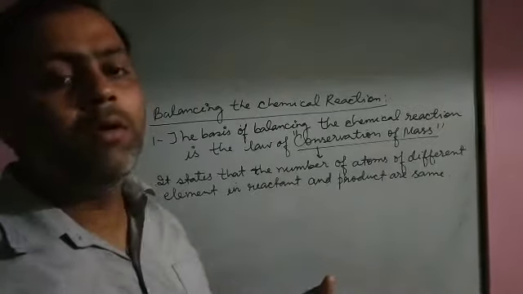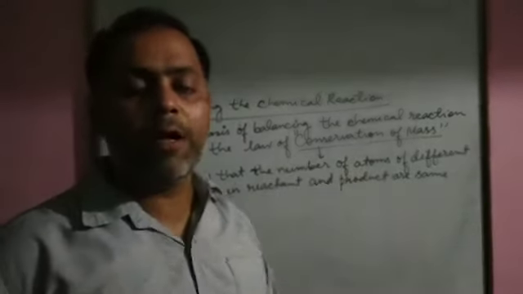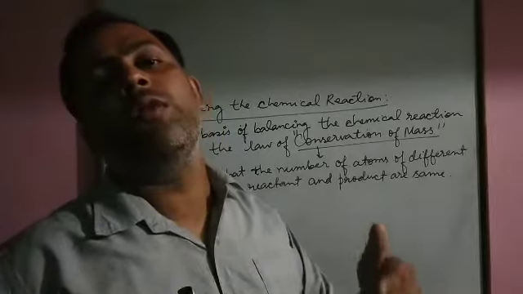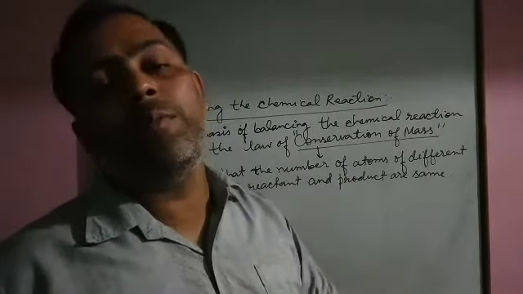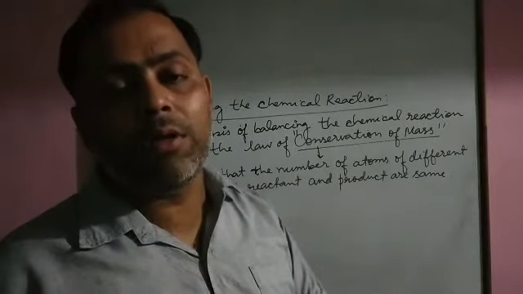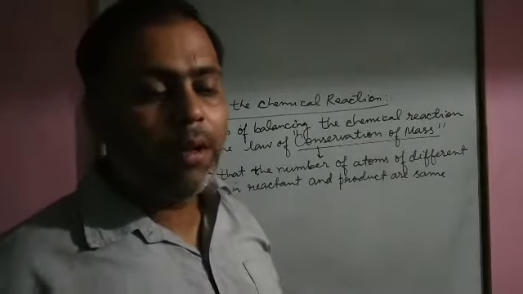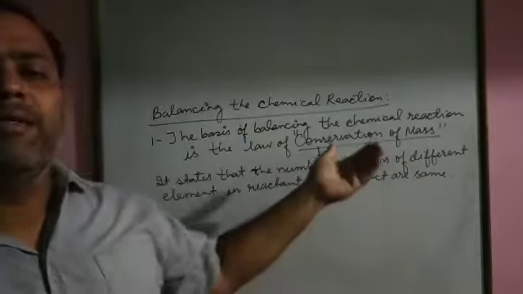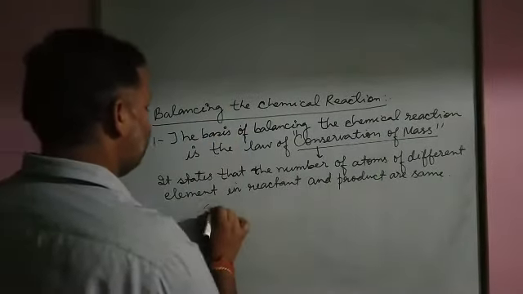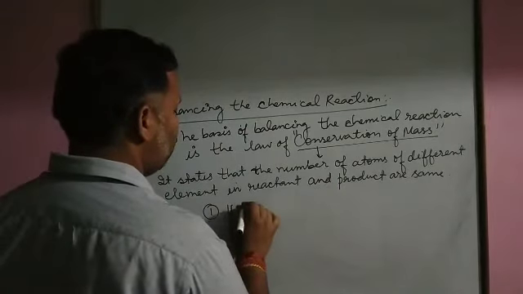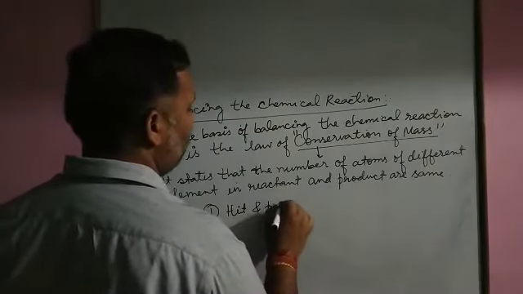It means atoms cannot be produced or destroyed during the chemical reaction. In order to balance the chemical reaction in this class, we will use the hit and trial method.